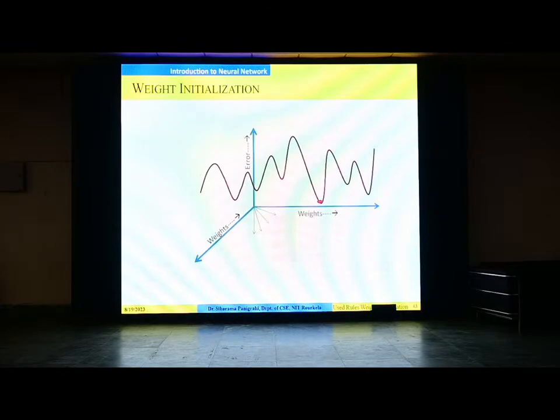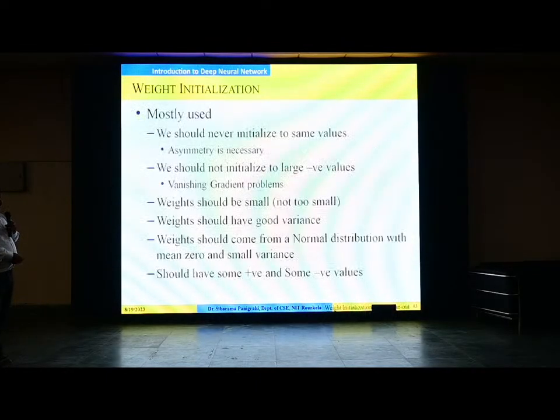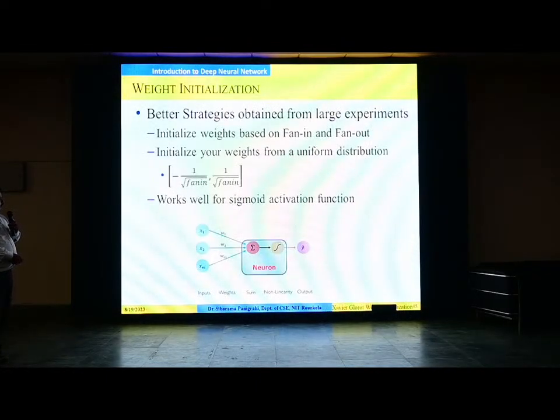Now, how have they done it? They followed the engineers' way: they first conducted experiments. They developed methods based on fan in and fan out. So what is fan in and what is fan out? Fan in is the number of inputs incoming to a neuron.